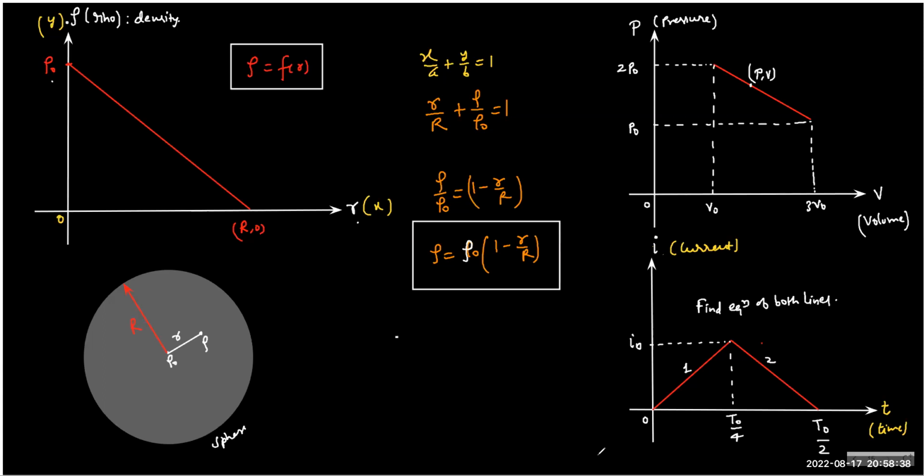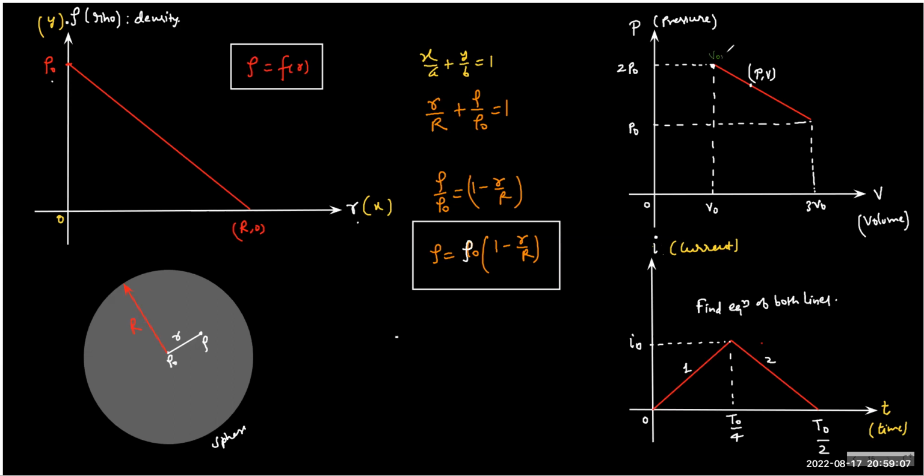All right, guys. What is the answer to the pressure and volume graph? Did you get the answer? Can you find the 2 points first? To find any point, we need to look for the x and y coordinate. What is the x coordinate of this point? Check the x-axis. V0. Very good.